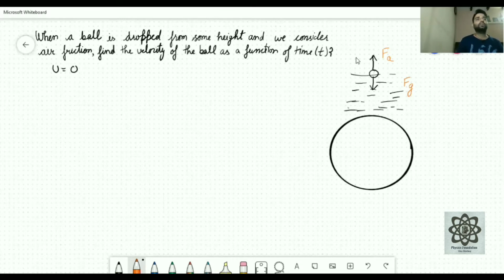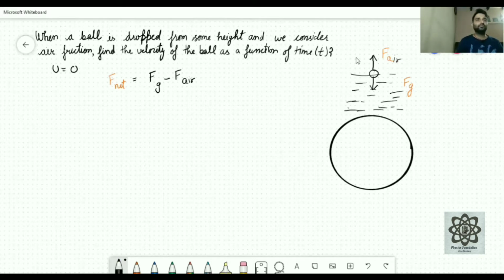This is what air friction does. So the net force on the ball will be F net is equal to force of gravity minus force of air, right? That is gravity, that is air. So F net is Fg minus Fa.